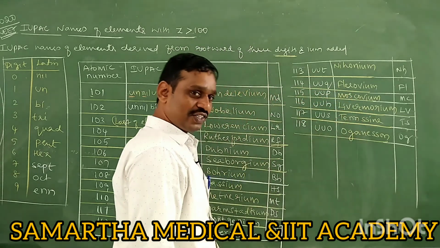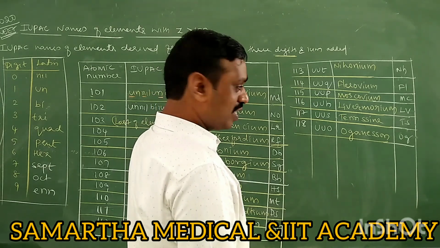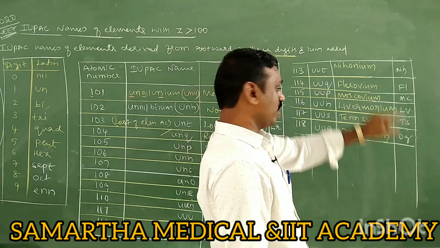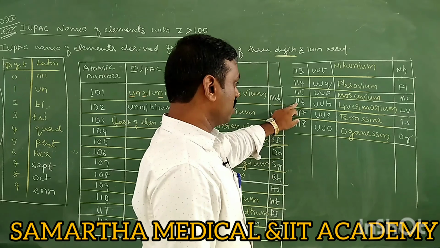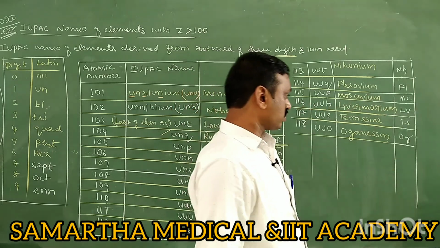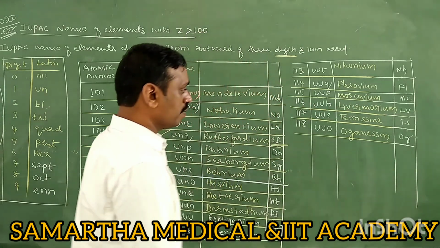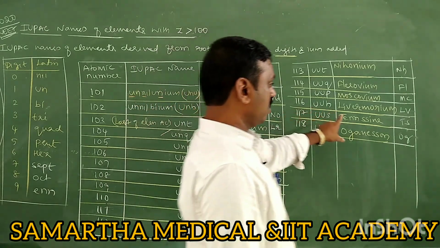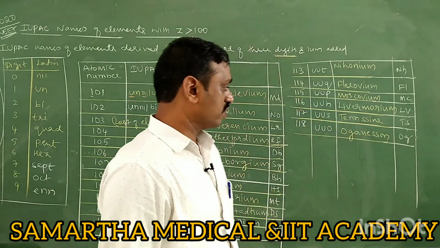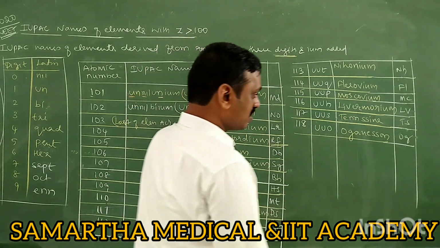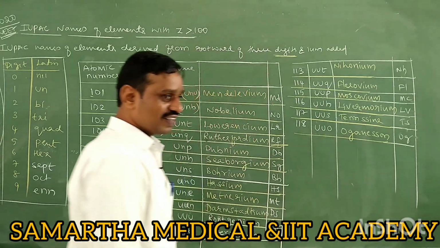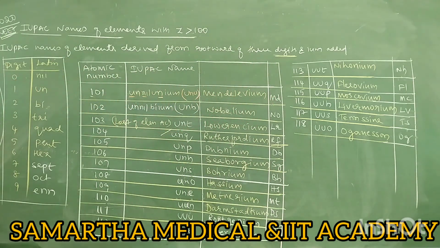You know, Moscow is the capital of Russia, so remember it like that. Next 116, Livermorium. 117, Tennessine. 118, Oganesson. Okay, you should remember these.